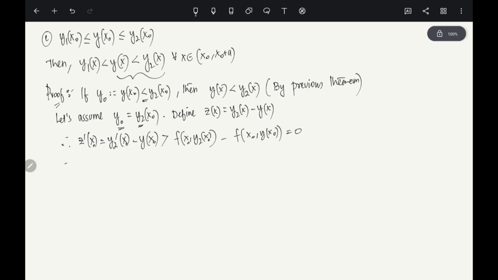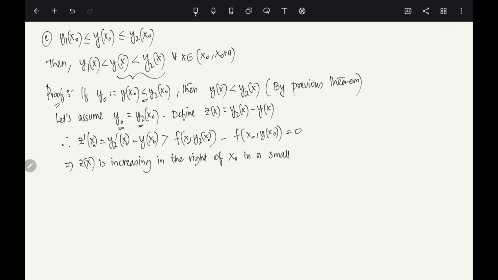So that will imply that z of x is increasing in the right of x naught, right? So basically x naught is the starting point, so it is increasing in a small neighborhood.